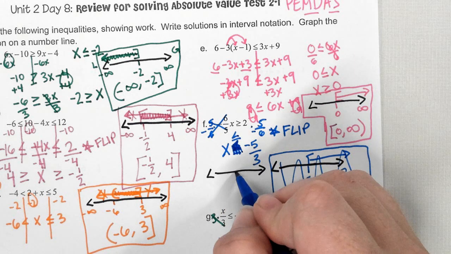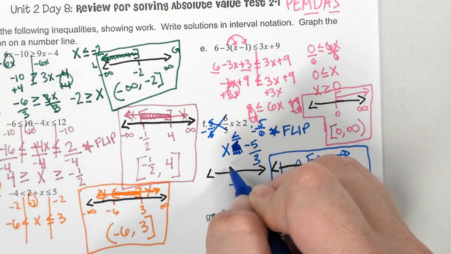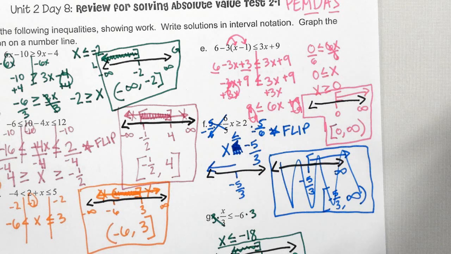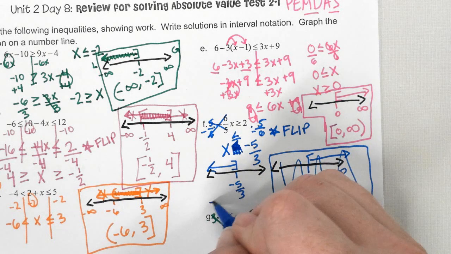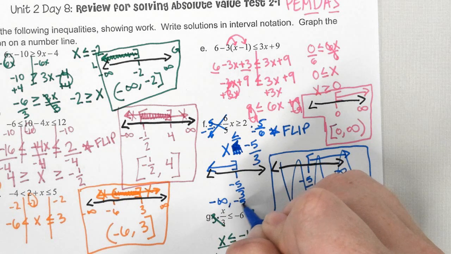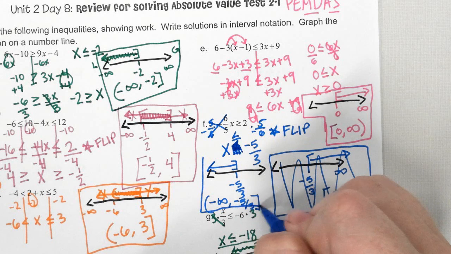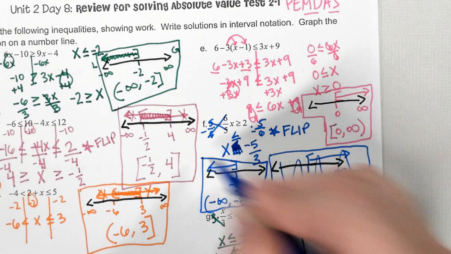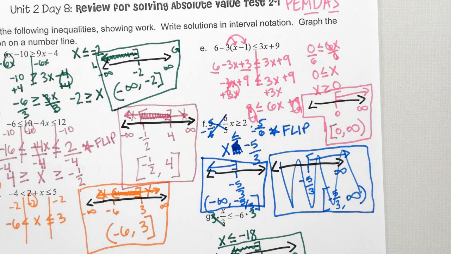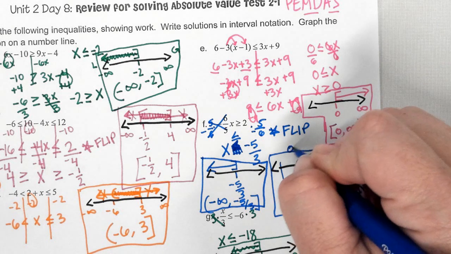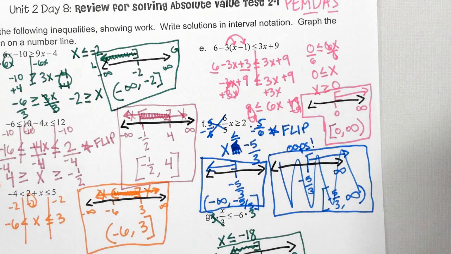So it's going to be negative 5 over 3, and it's going to go less than or equal to. So negative infinity to negative 5 over 3. Thank you for catching that.